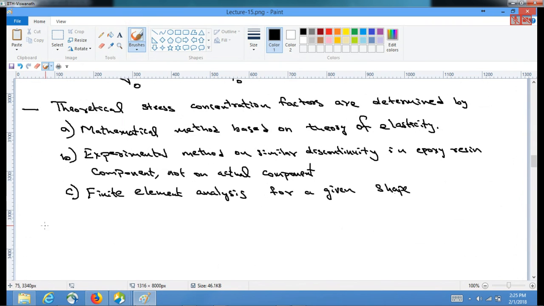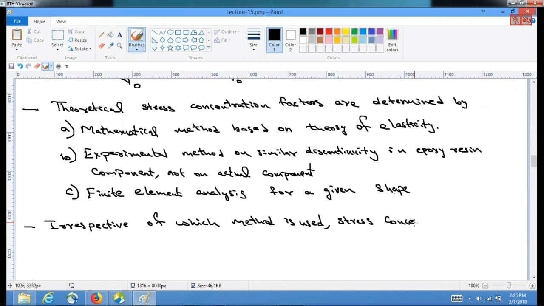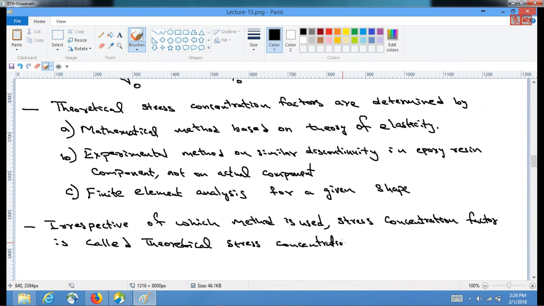So irrespective of which method is used, the stress concentration factor is called theoretical stress concentration factor.